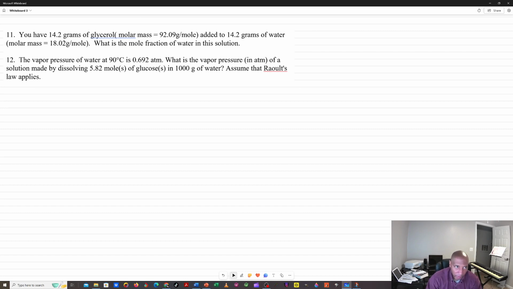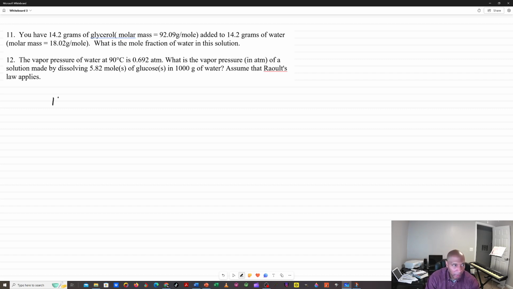That's all mole fraction is. Now, usually when you use mole fraction, you use it with Raoult's law. So you usually are trying to find the mole fraction of the solvent. So that's the reason why they asked you for the mole fraction of water in the solution. Notice they didn't give you moles, you were given grams, so you have to work a little bit.